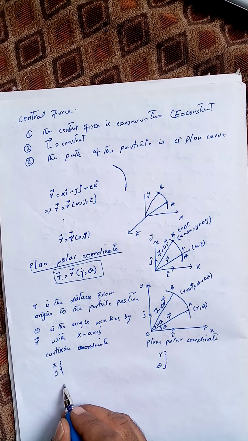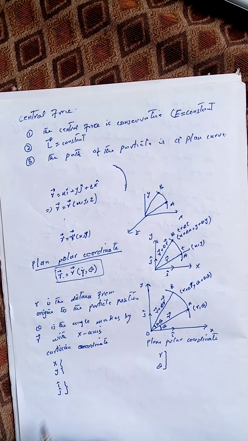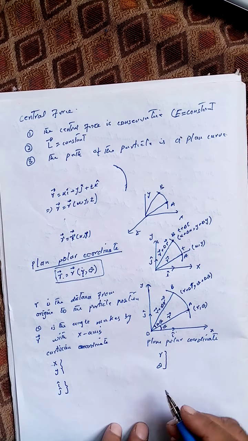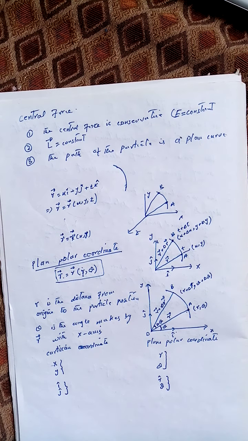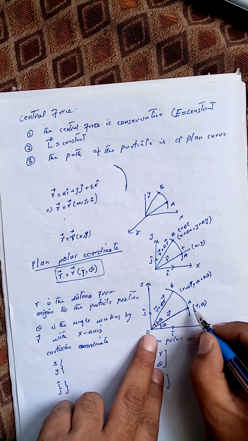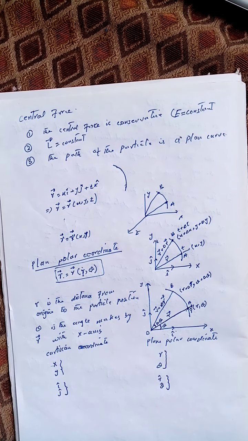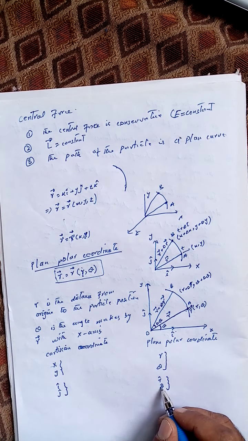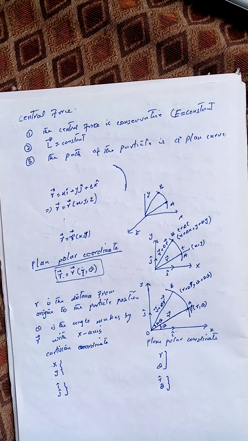Now in the Cartesian coordinate system, we assign two unit vectors i and j, i along the x-axis and j along the y-axis. Similarly, in the plane polar coordinate system, we also have two unit vectors, one is r and one is theta. R is the unit vector along the direction of r. So the direction of r is here, so the unit vector r is this one. Similarly, theta cap is the unit vector along the direction of angle theta.